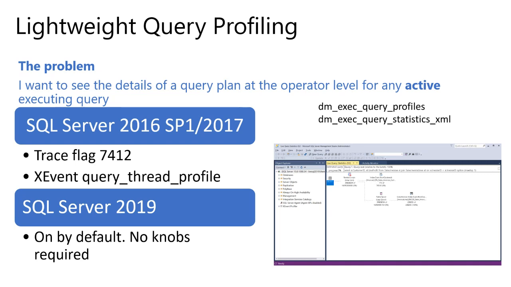You have to enable it with a global trace flag 7412, but you have it available also in 2016 and 2017. It's quite lightweight, so it's not impacting the overall performance. And again, it's extremely useful.